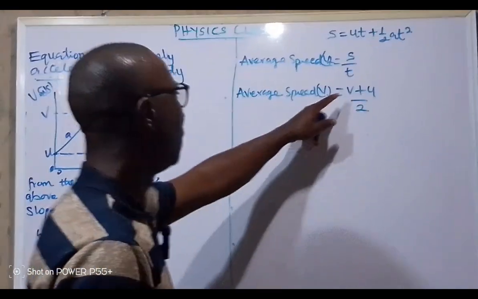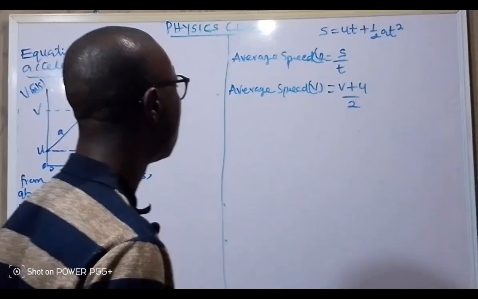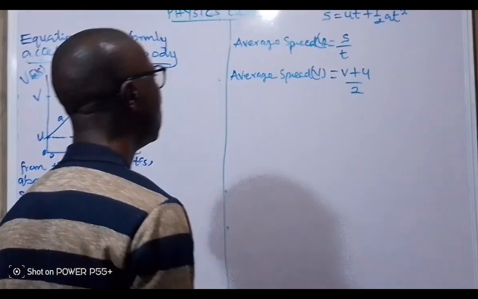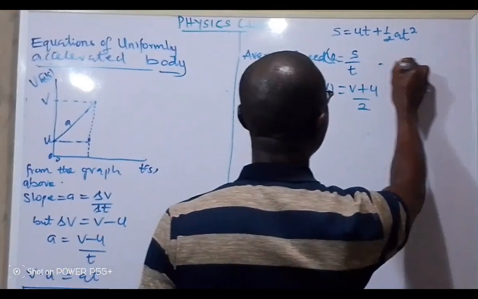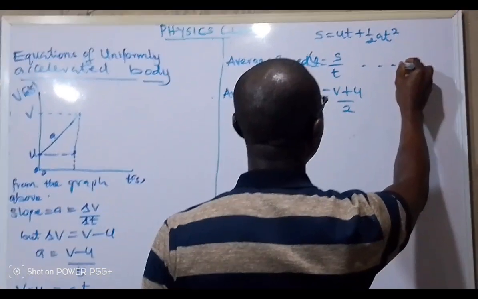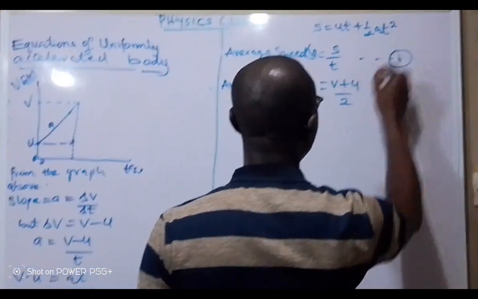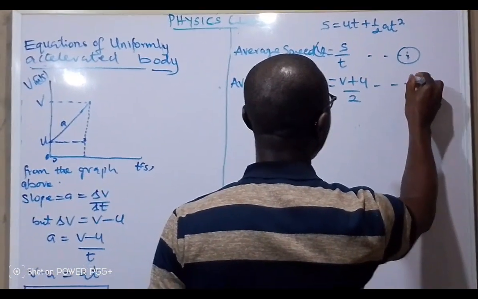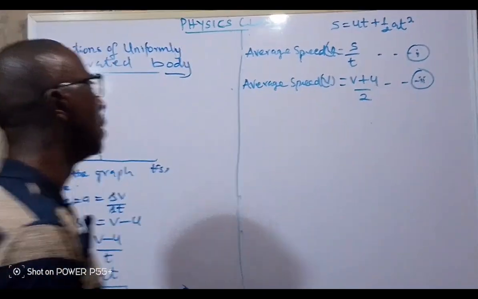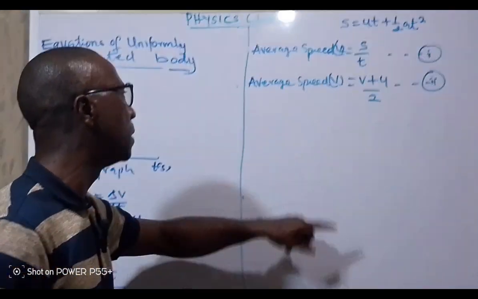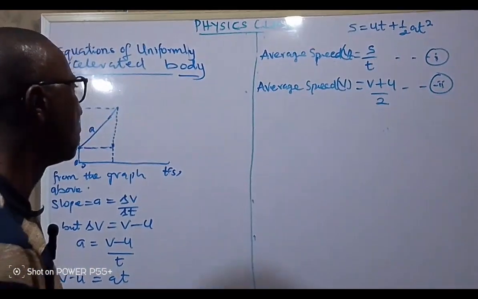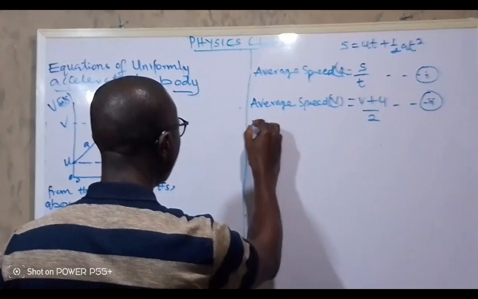Our V remains the same, final velocity, U initial velocity. Take this one as equation 1, and this one as equation 2, Roman figure 2. Since this one is average speed and this one is also average speed, equate 1 to 2.